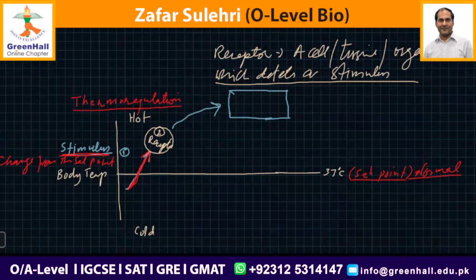You can say brain or part of the central nervous system, but very precisely, it is hypothalamus. Central nervous system is okay, brain is okay, but precisely, it is actually hypothalamus.